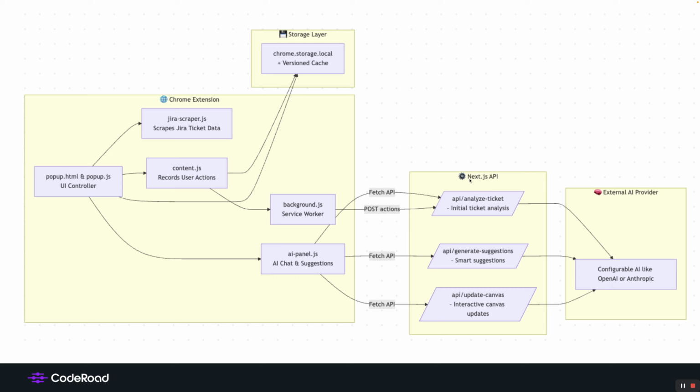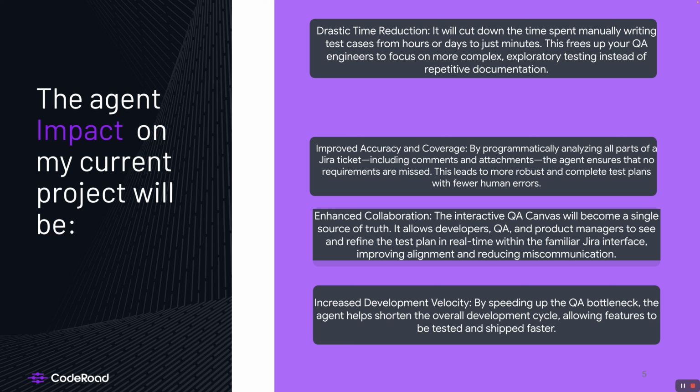But what will the agent's impact on my current project be? Of course, a drastic time reduction, because it will cut down the time spent manually writing test cases from hours or days to just minutes. I know QA people can understand that sometimes we have a Jira ticket that contains a lot of information, and reading, understanding, and creating test cases is a lot of work.